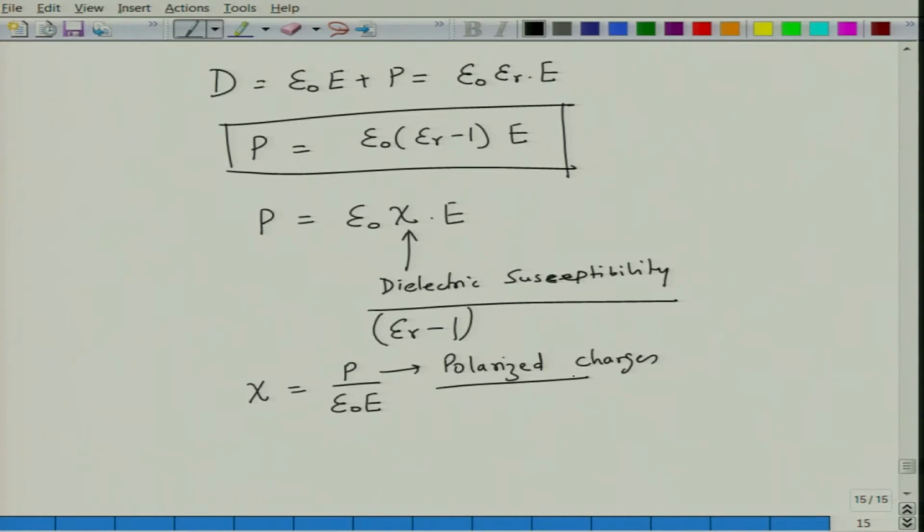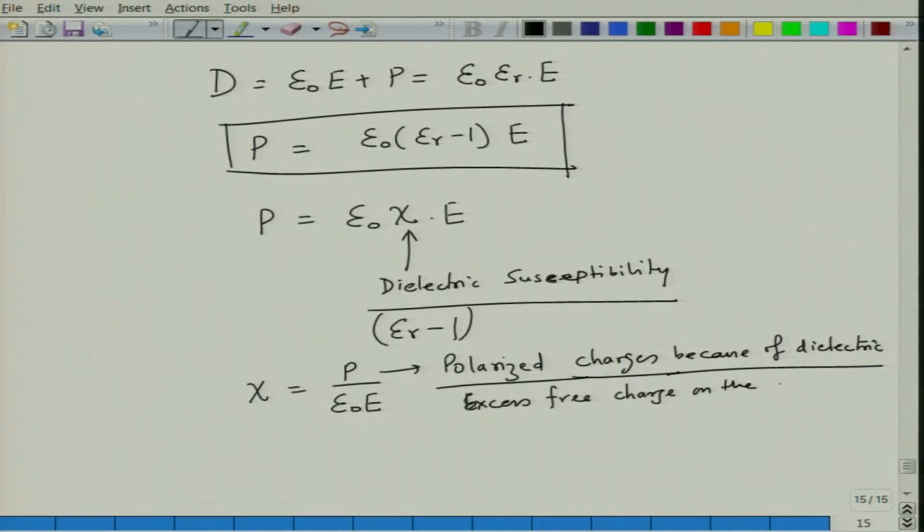So the higher epsilon r is, the more polarized charges there will be, and the more the response of the system will be.